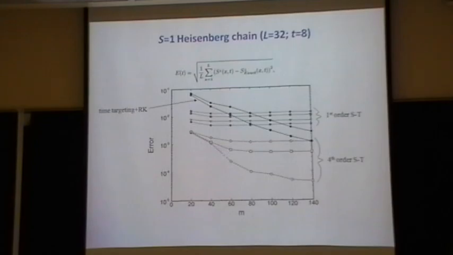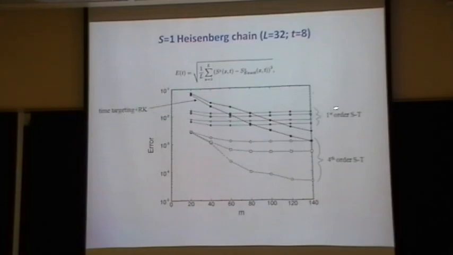Yes, it's a spin-1 Heisenberg chain. And we compare to some reference states, which we call exact, which we obtained with the fourth order Suzuki-Trotter, I believe 1,000 states, something like that. So here we look at the error as a function of the number of states for different approaches.